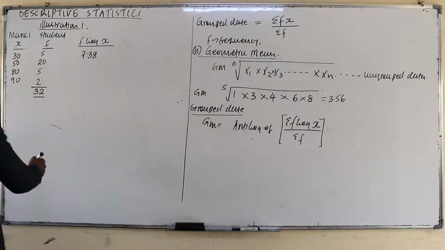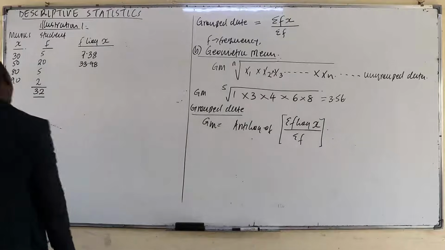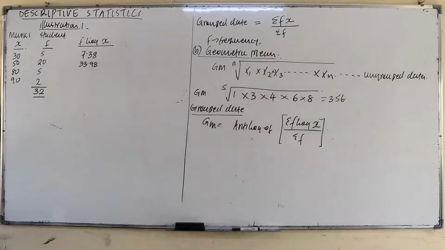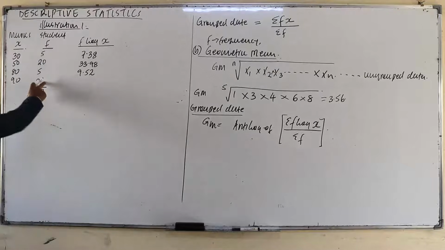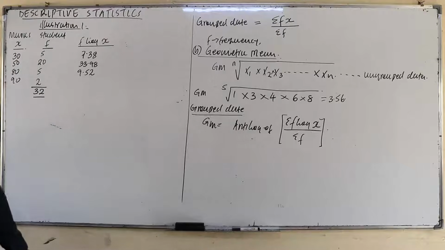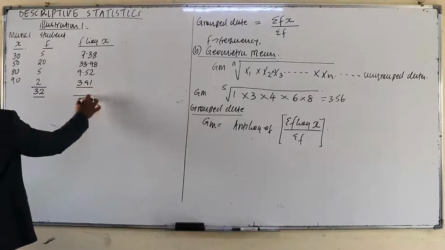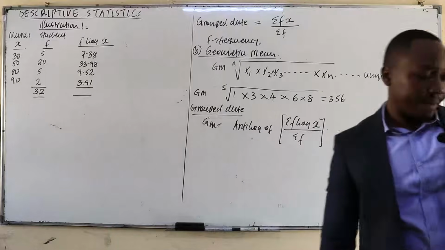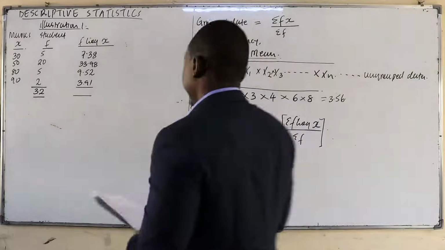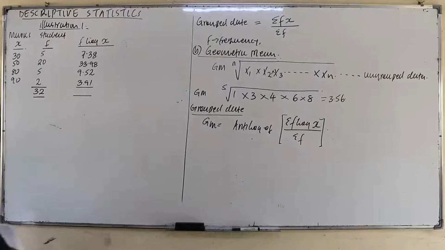You get 33.98. 5 log 80 gives 9.52. 2 log 90 gives 3.91. So now let's add the total, because here we need the summation of f log x. You get 54.79.